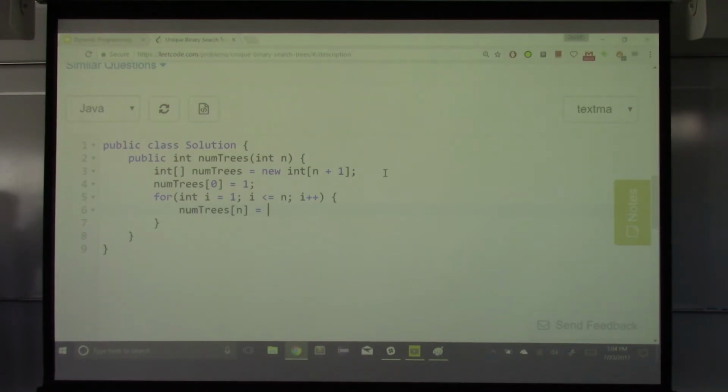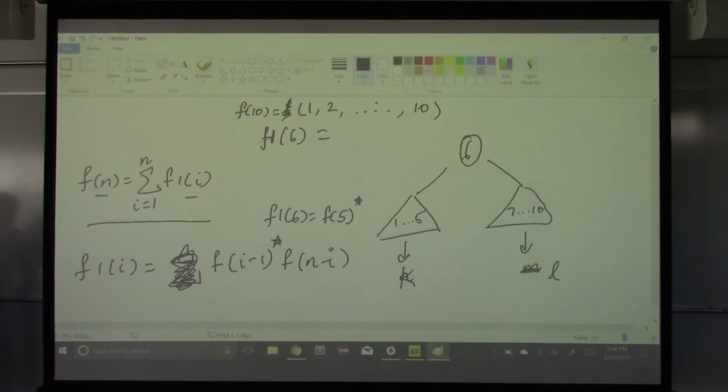Num trees of n equals something, another function, f of i into f of n minus i. That's where the recursion comes in. So this is my recursion, right?